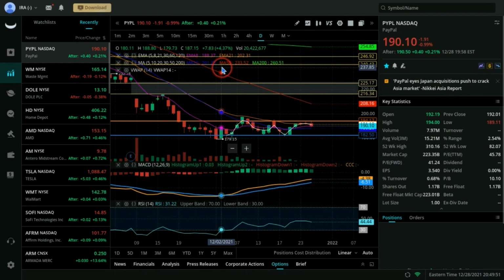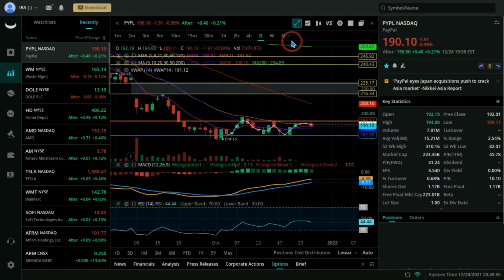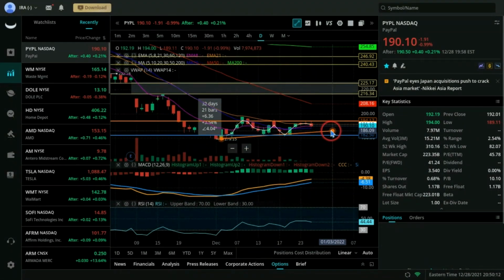I'm gonna go ahead and identify a pattern. So we'll get our trend lines. Now we can get our bottom trend line going. Let's see, we'll take it from this bottom pivot and just run it all the way across.